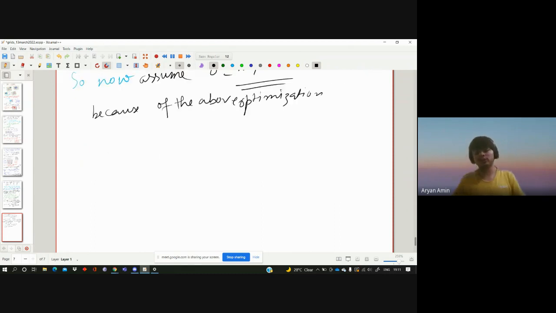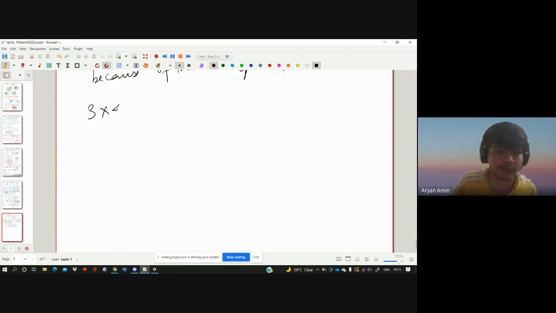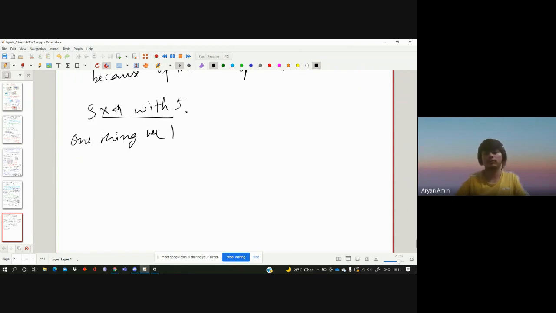So now suppose you are trying to tile a 3 cross 4 with 5. One thing we know is that every color occurs 12 by 5 times. Okay, this is bad. It is hard to think of an example for, because you know that this is false.